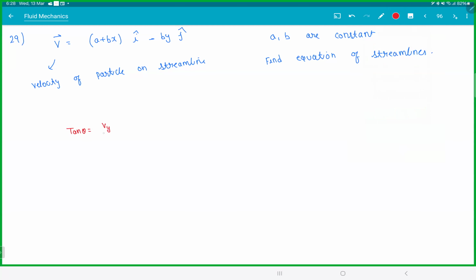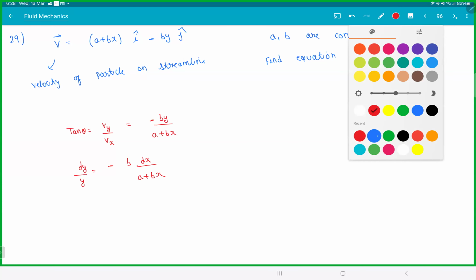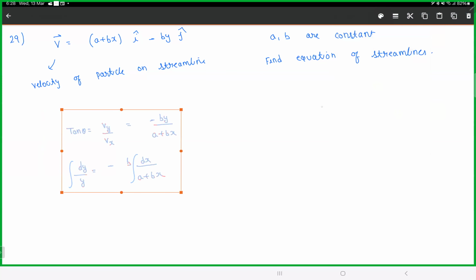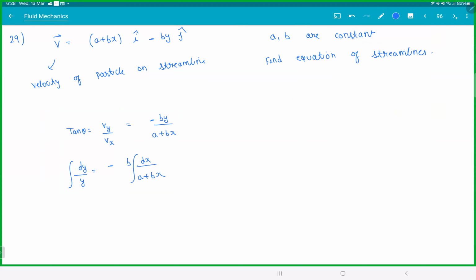So tan theta is Vy by Vx, minus By by A plus Bx. So dy by y is minus B dx by A plus Bx. Integrate this. This will be ln y.